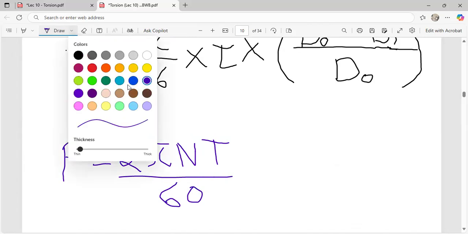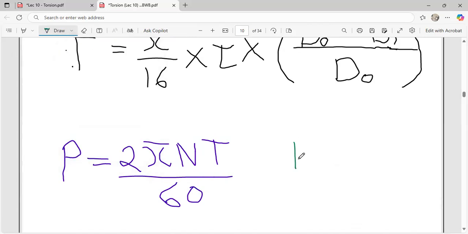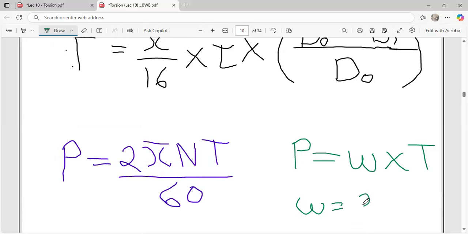Yes, and then the real formula itself was this: P equals angular speed times T, where we said that omega is equal to 2 pi N all over 60.